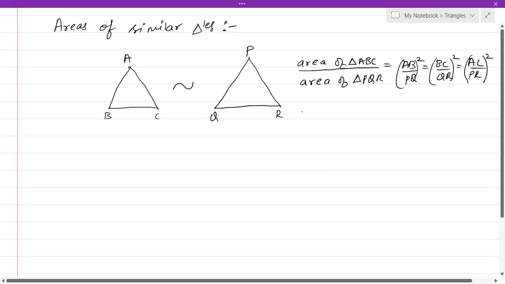This is an important result that we can tell if two triangles are similar. Remember, we can use this only if the two triangles are similar.